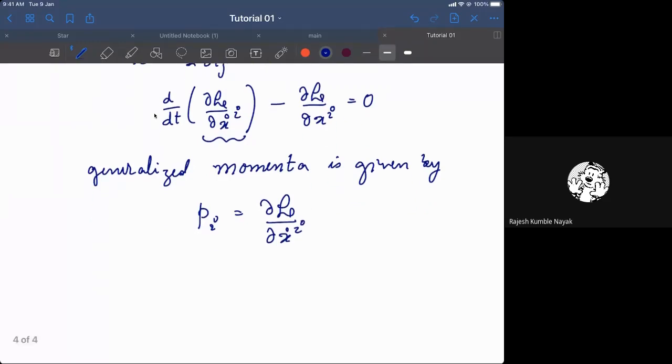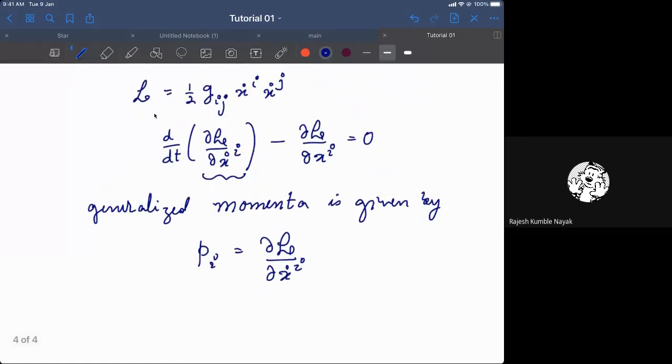So you know that if the specific generalized coordinate is absent in the Lagrangian, the generalized momentum is conserved. That is what we call Noether's theorem or momentum conservation. So we are not worried about that at this stage.